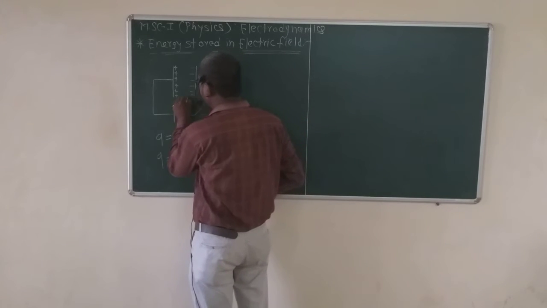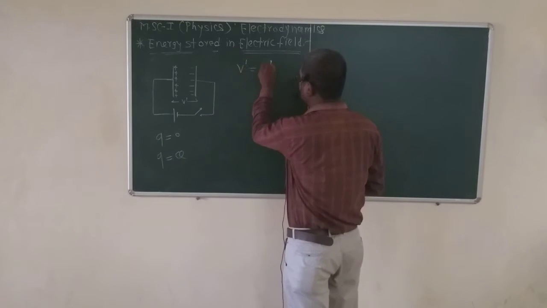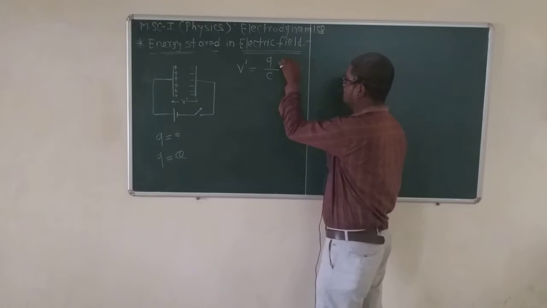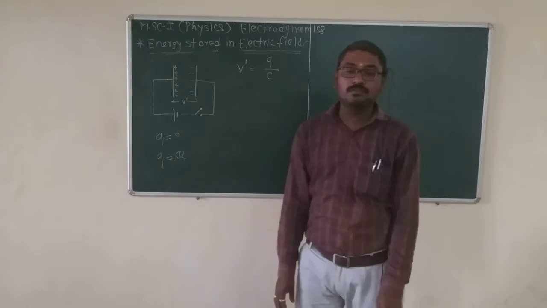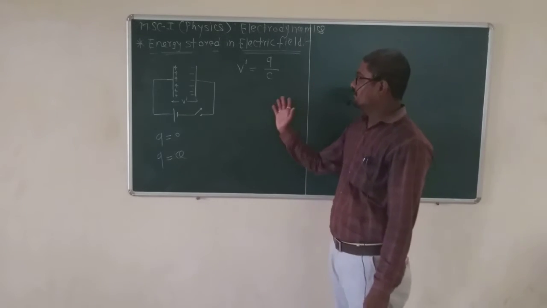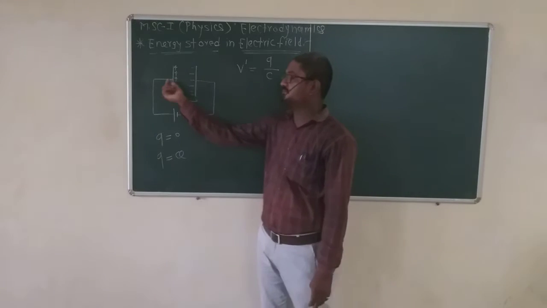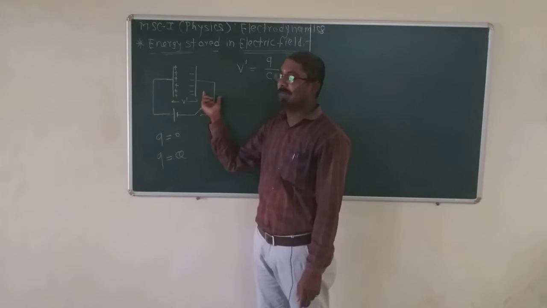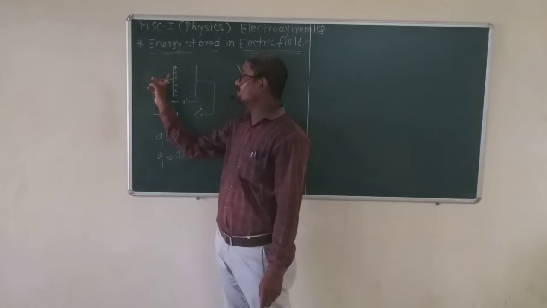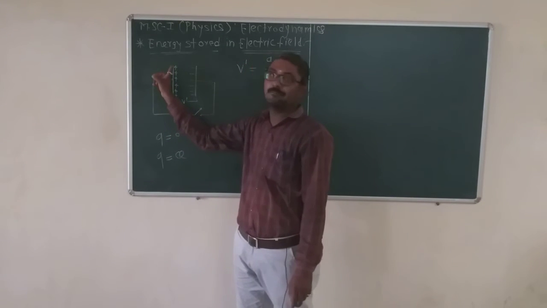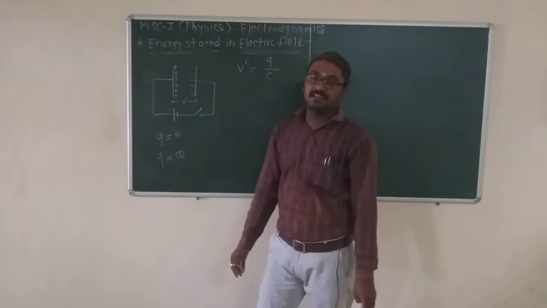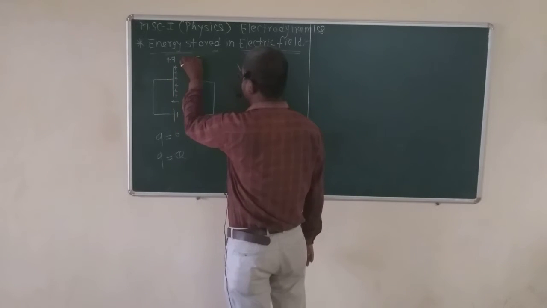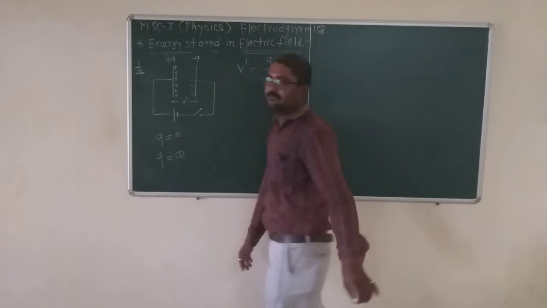That's why a potential difference V dash is produced in this parallel plate capacitor, and that potential difference V dash is equal to Q upon C. Equation number 1: V dash is equal to Q upon C. This is because the charges transfer from one plate to another, so the charge is plus Q on one plate and minus Q on the other. Charge flows in time t.